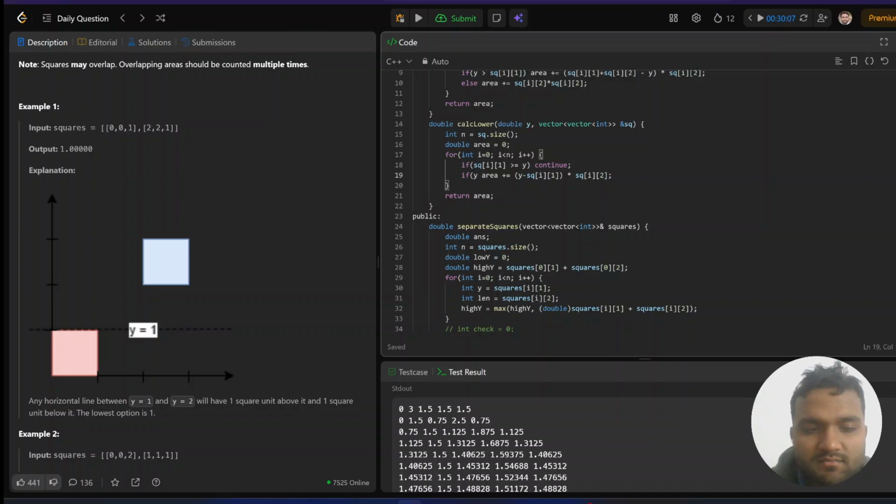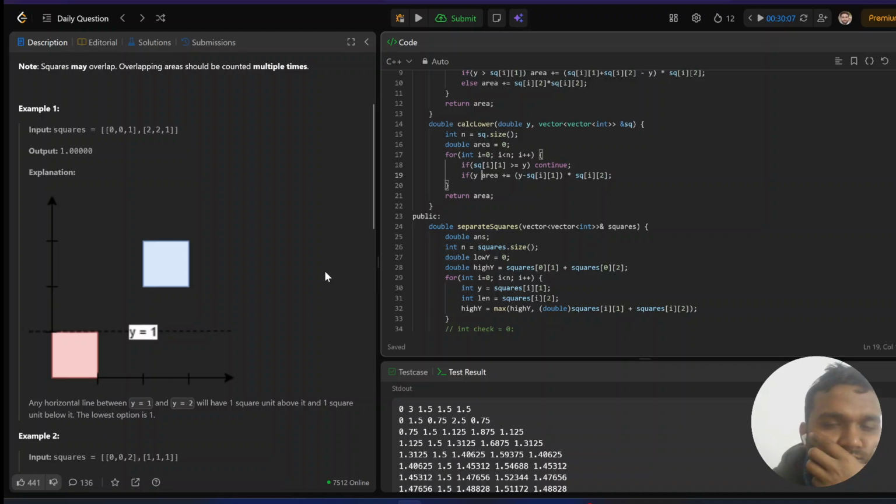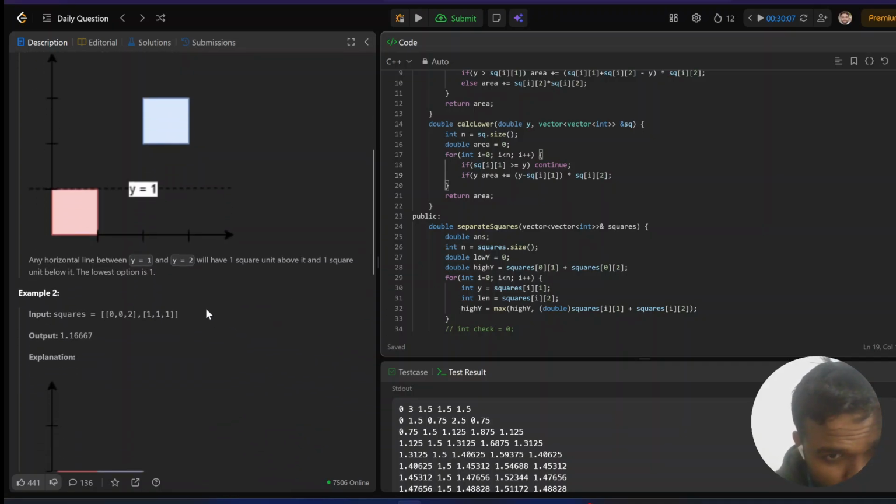That means y is greater than this. Oh, that means what? Suppose y is here. If my y will intercept, then I will use that formula.